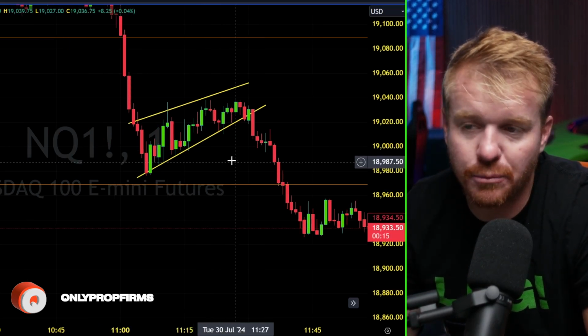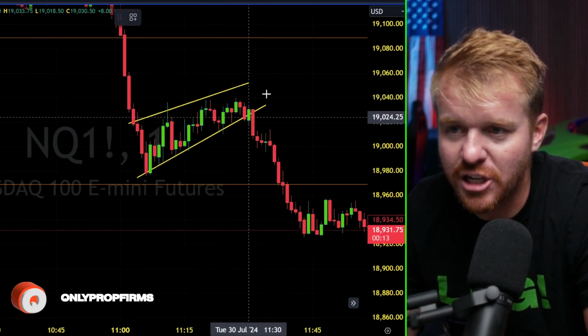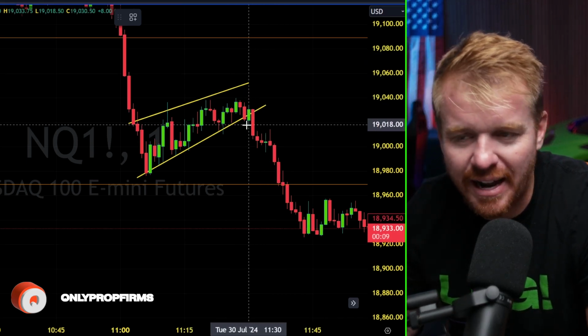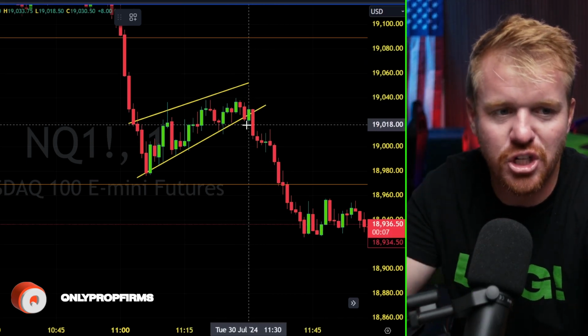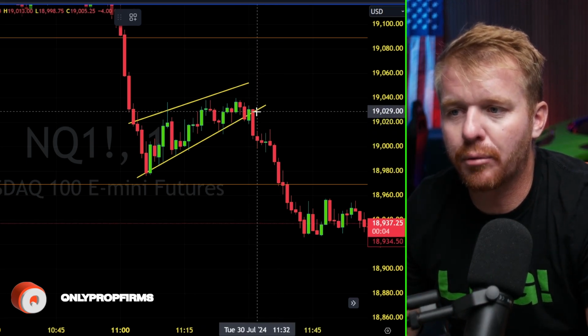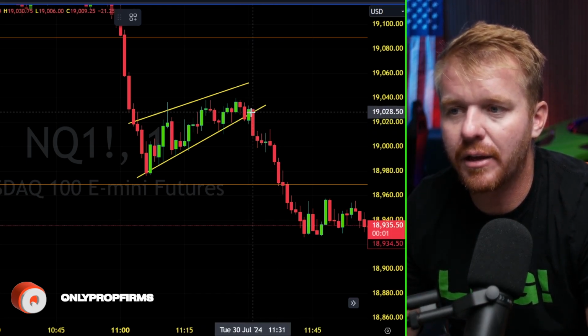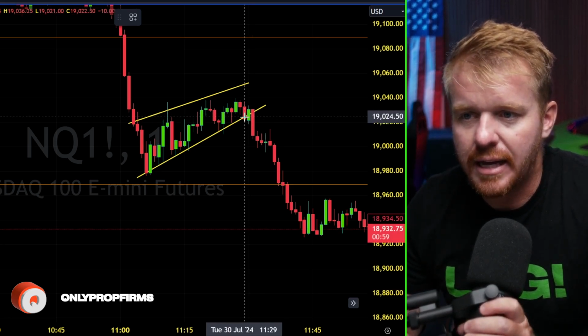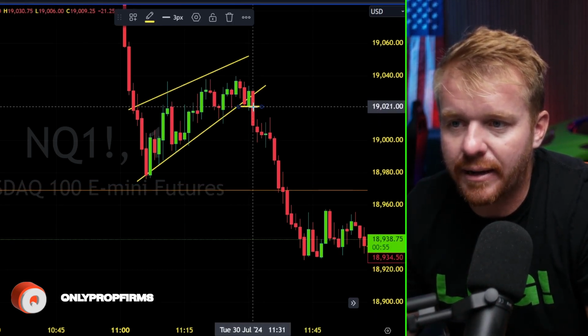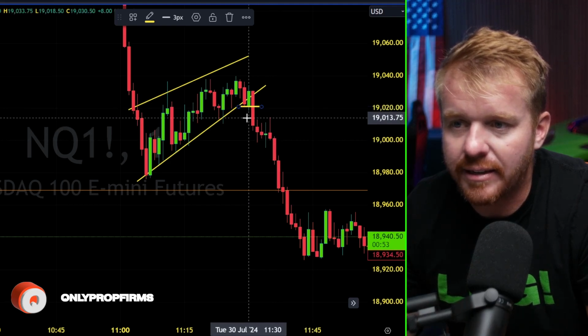So there's really two ways to play this. You can play it for the initial break, like right there, the break of the channel. When I say breakout, like I said, we're talking about breaking out of a channel, a flag, things like that. So as we're looking for the break down here, we got the 30 level right there, and then we've got these lows of these candles. As we break down there, we then get down here.